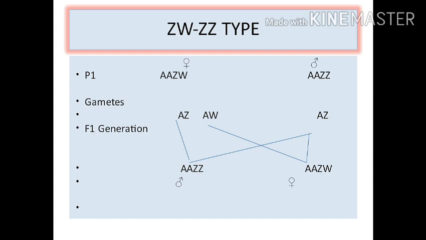It produces single type of gamete carrying Z. When the cross is made between this, the Z carrying egg, when it fuses with the Z carrying sperm, it produces the homogametic male. When the W carrying egg fuses with the Z carrying sperm, it produces the heterogametic female.